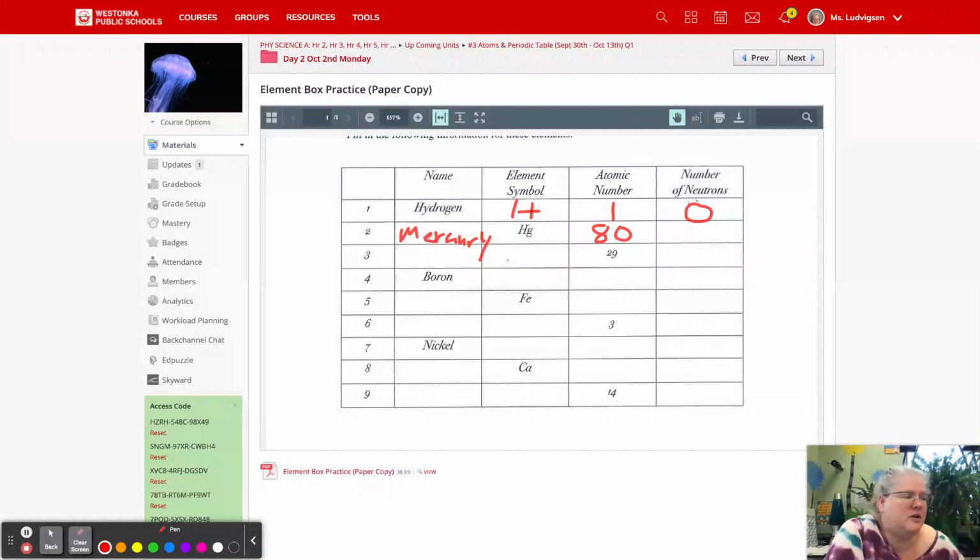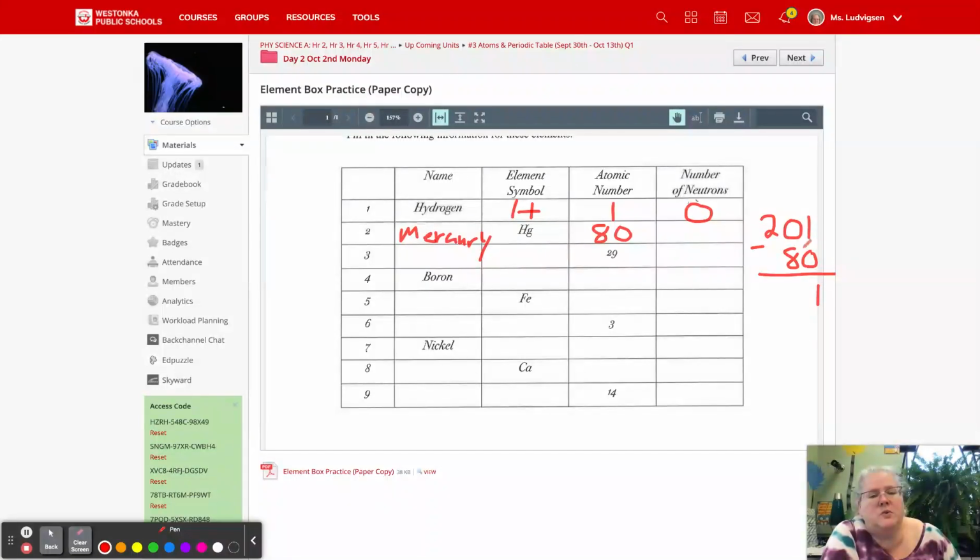And I need to figure out the number of neutrons. In this case, if you look, you're going to see that the atomic mass of mercury is 200.59. That means we're going to round that up to 201. We're going to subtract 80. And if you do that math in your head, which is fine, 1 minus 0 is 1, 20 minus 8 is 12. So in this case, our number of neutrons is pretty large, 121 neutral neutrons.